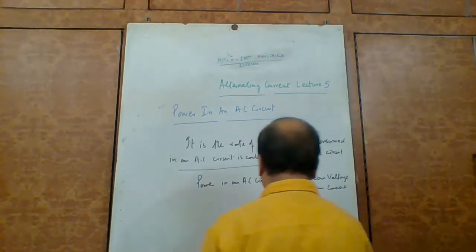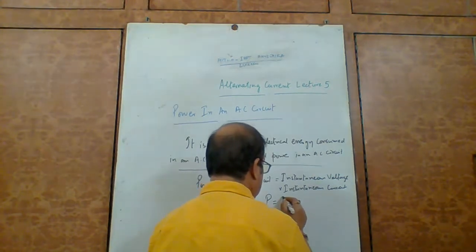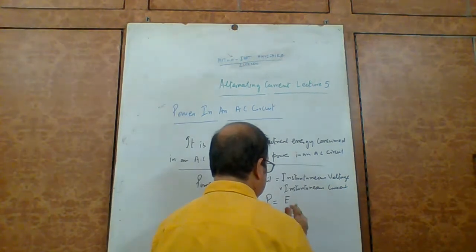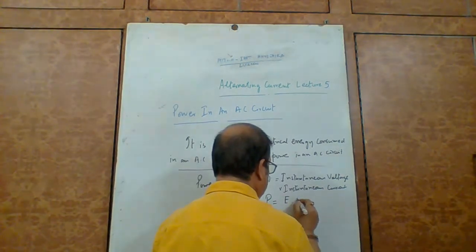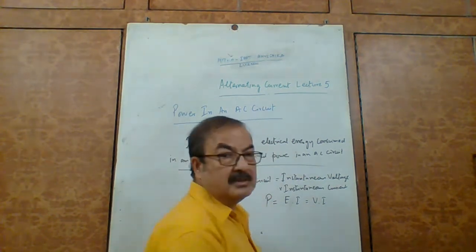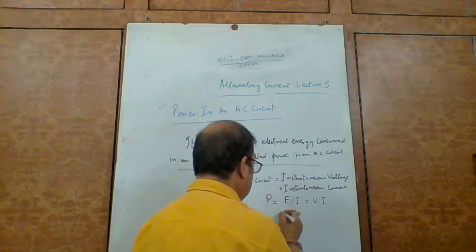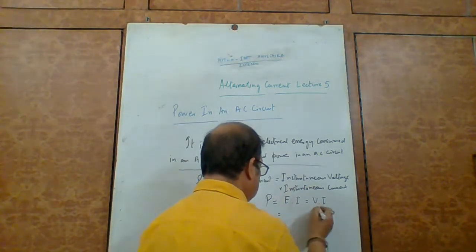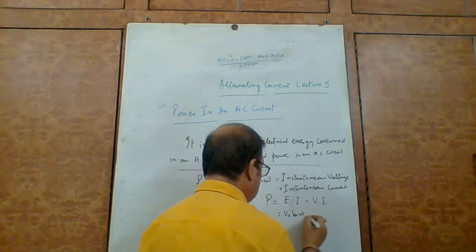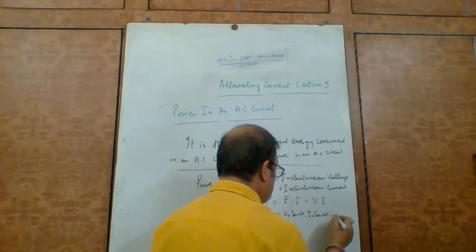That we write as P equal to E into I, or we write V into I. EMF is just the same as the voltage in an AC circuit, and therefore we can write this as V naught sine omega t into I naught sine omega t minus phi.